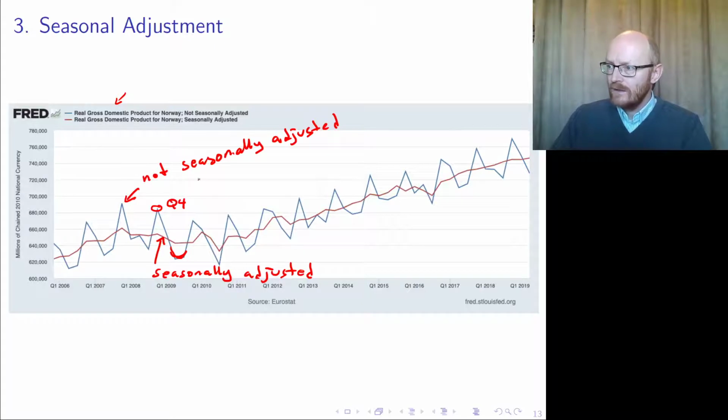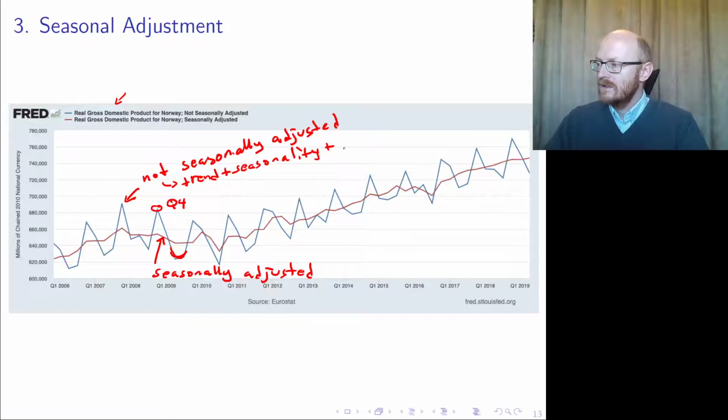Okay, so not seasonally adjusted contains trend plus seasonality plus remainder. Okay, so this remainder has many names. We also call it the random factor, or the irregular factor.